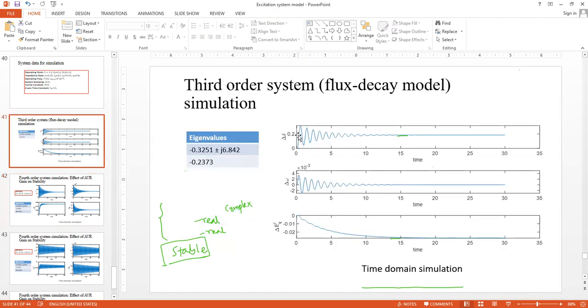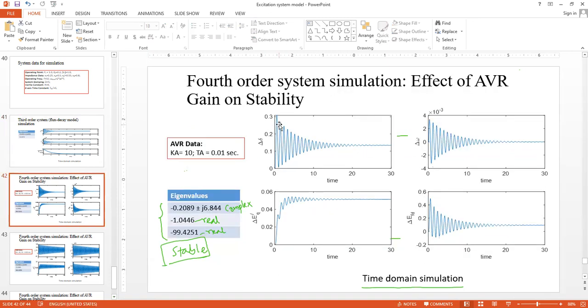It is 0.2, probably around 0.25 or 26, something like that, even much closer to 0.3. In this case, the first overshoot has crossed the 0.3 value for del delta, and it is also taking much longer to settle down to some equilibrium value, but ultimately it is settling down.